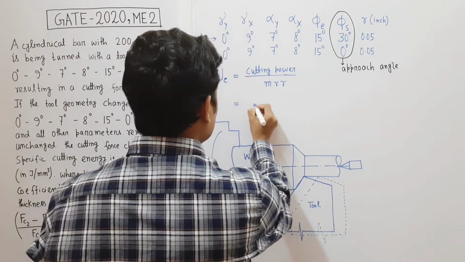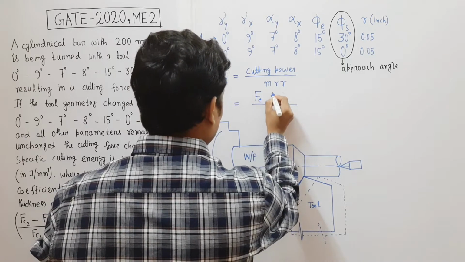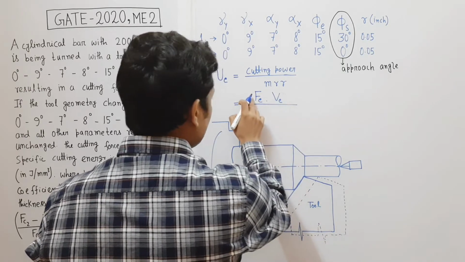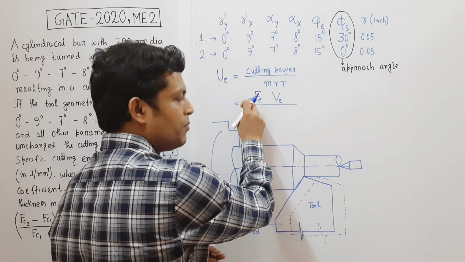So what is cutting power? That is FC into VC. FC is the main cutting force. Generally we denote it by PZ.